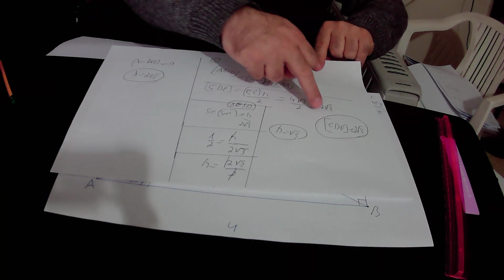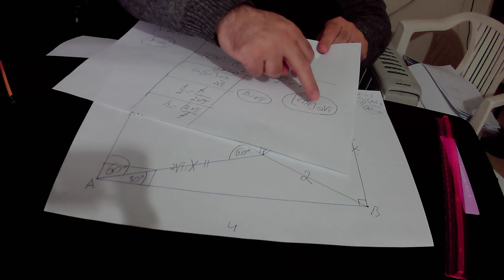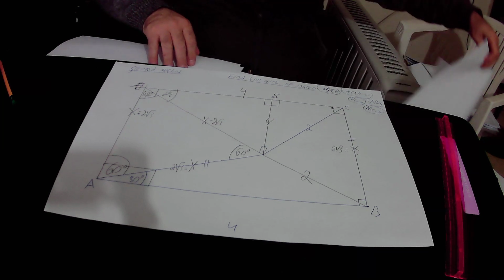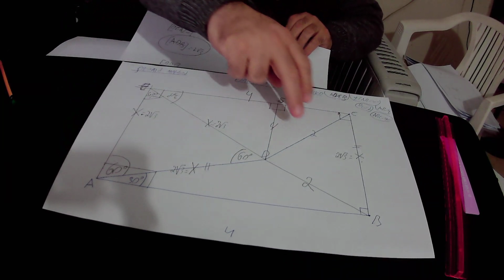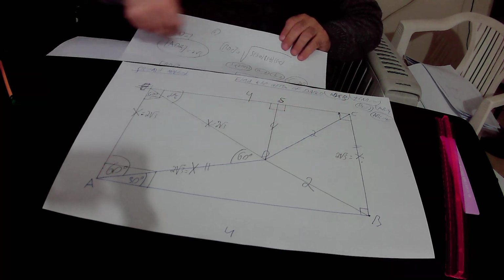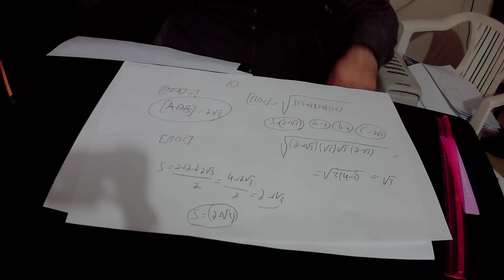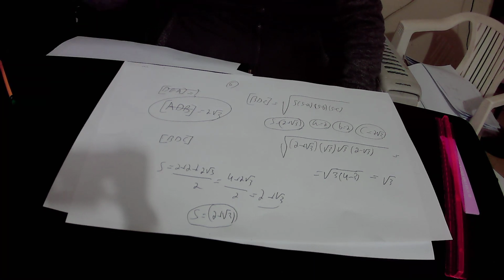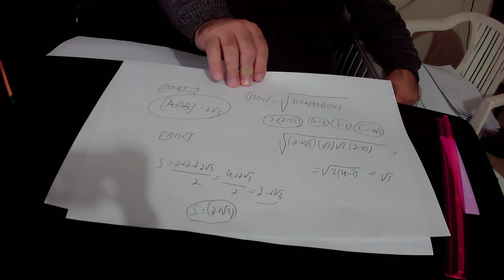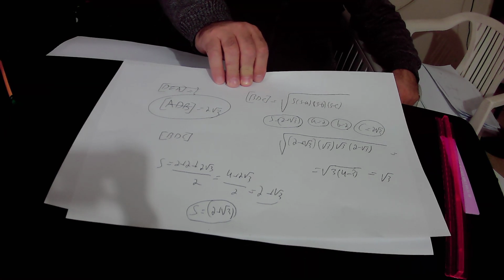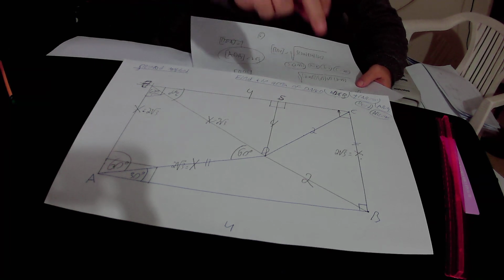Okay, the area of triangle CDE, that is actually the area of triangle ADB, equals 2 times square root of 3 units. Then we found out the area of this triangle, triangle CDE, according to a special formula. First of all, we calculated the semi-perimeter of triangle CDE. The semi-perimeter equals the perimeter over 2.